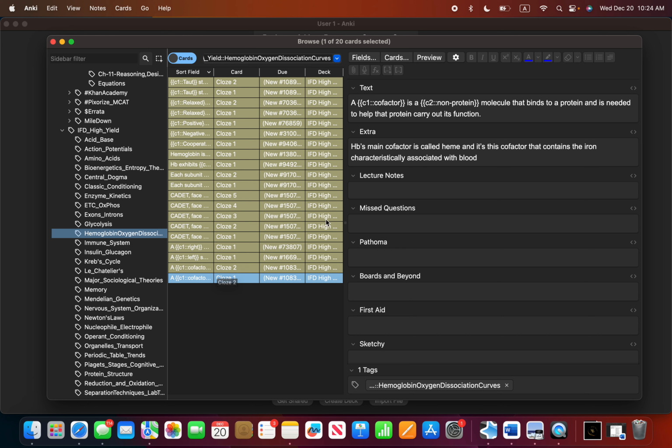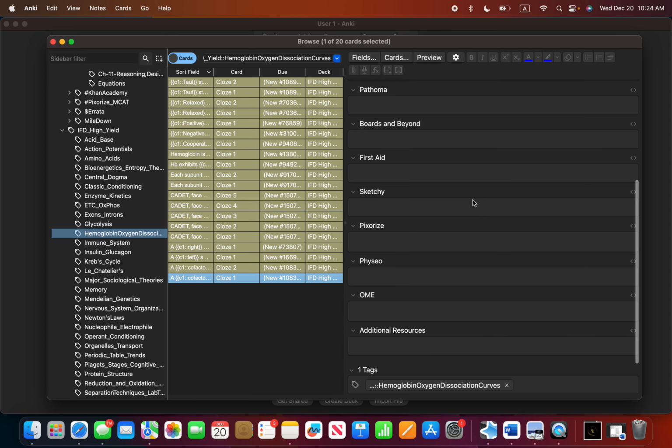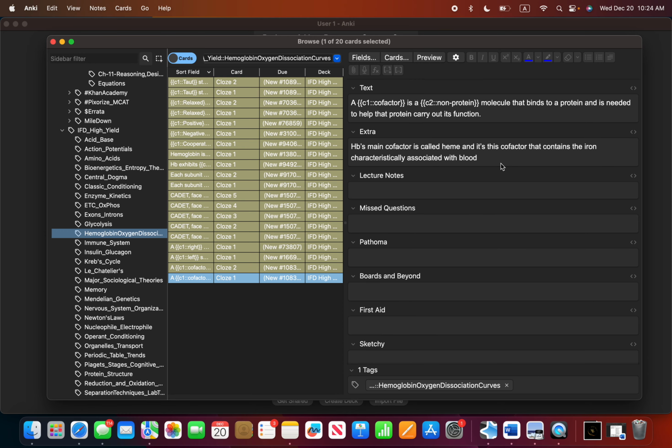So HB's main cofactor is called heme, and it's this cofactor that contains the iron characteristically associated with blood. So we know that blood is characterized with having iron, and this iron is attached to this cofactor, which is the heme part of hemoglobin. And we know that HB is one of the 4 subunits of hemoglobin.